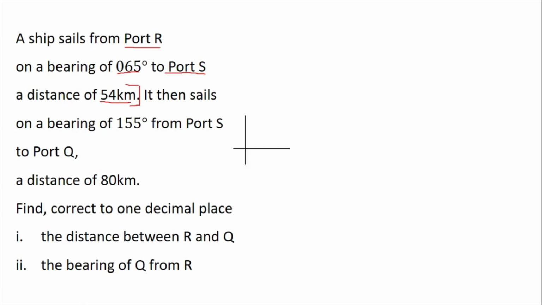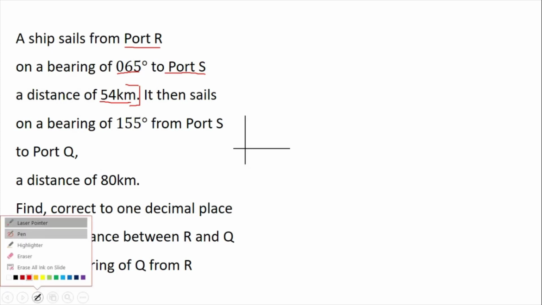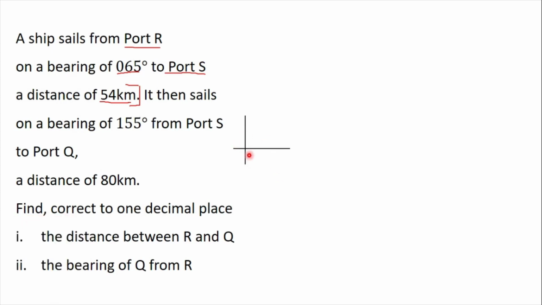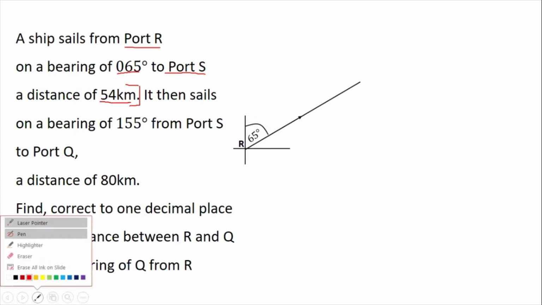Okay, so the ship started from Port R. So you draw our X and Y plane here, then we indicate here R or Port R. It started sailing on a bearing of 65 degrees. So we measure 65 degrees from 0. So here's the 0 line. Don't forget that.